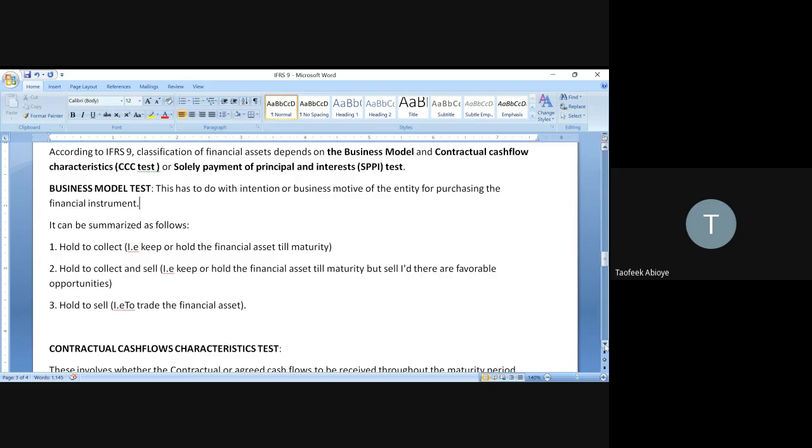Let's say we invested 20 million naira in bonds of First Bank. I will ask myself, what is my intention of buying that financial asset? Did I buy that bond to hold to collect?